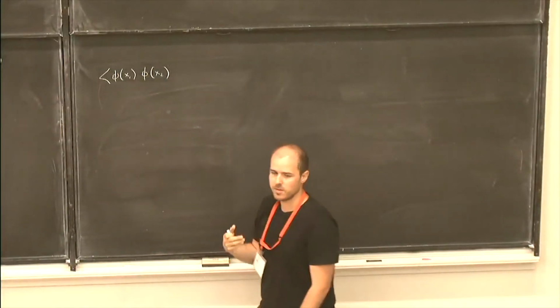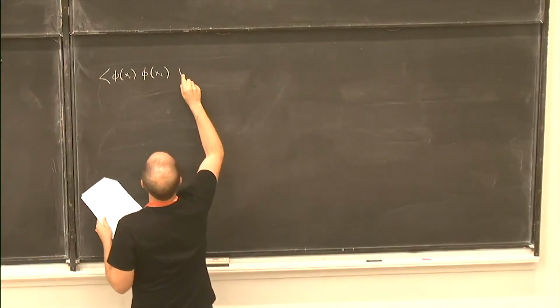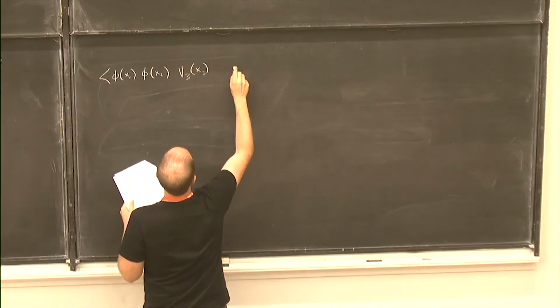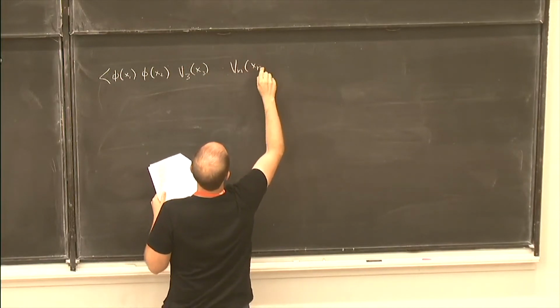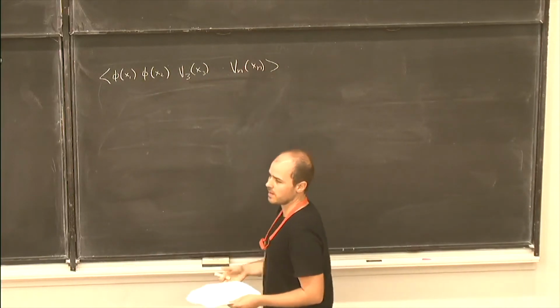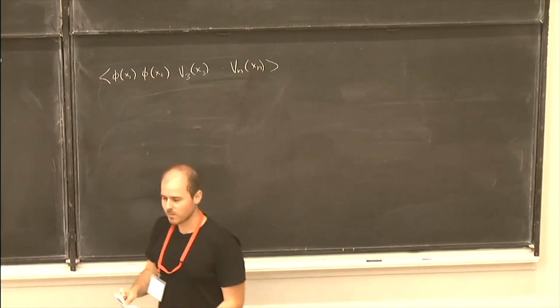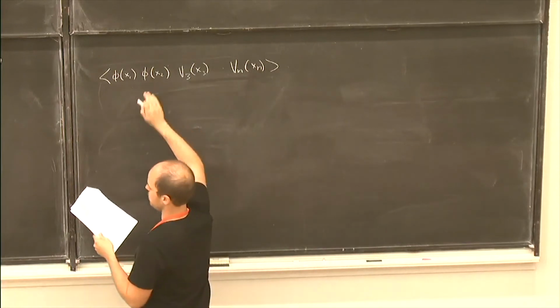We're going to be interested in the behavior of this correlation function as a function of x1 and x2. I'll write the other operators with different notation just to emphasize that they're different. For example, it won't be at all important that these be primary operators. They can be anything. They could be defect operators. They could be your house, whatever. We're just interested in the behavior with respect to the first two.